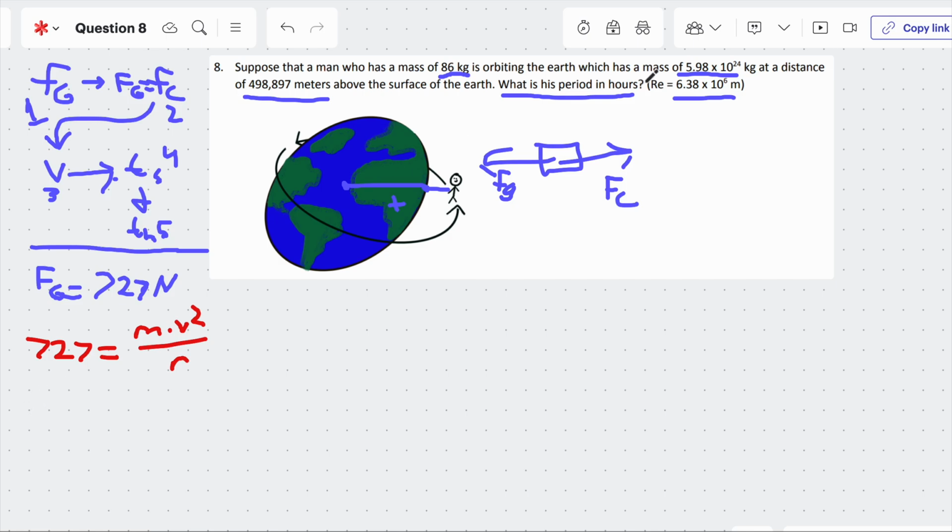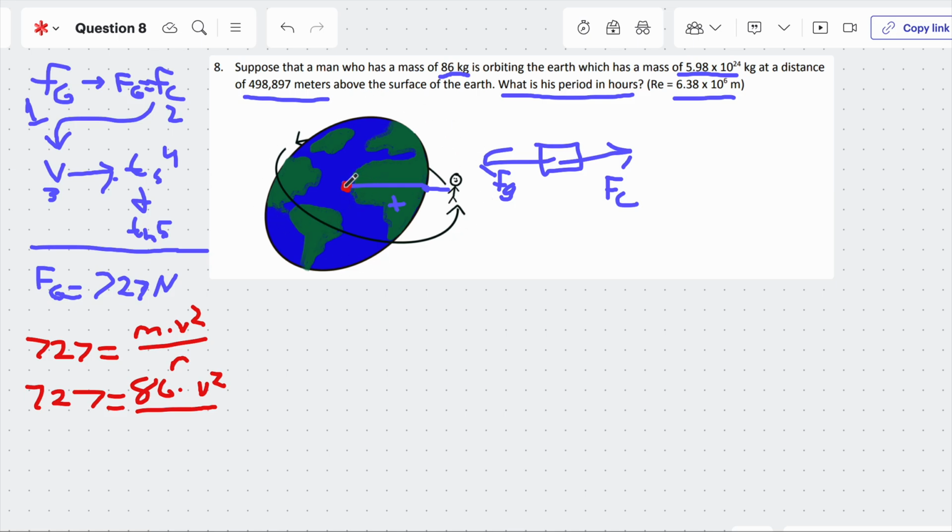I would back up for the steps. Again, that's just the radius of the Earth, plus how far above the Earth he is. So 727 equals 86 for his mass times velocity squared, which we're solving for, divided by his radius, which I'm going to figure out quick. The reason we're doing this radius again and not just to the edge of the Earth is because the center of the Earth would be the center point of his rotation.